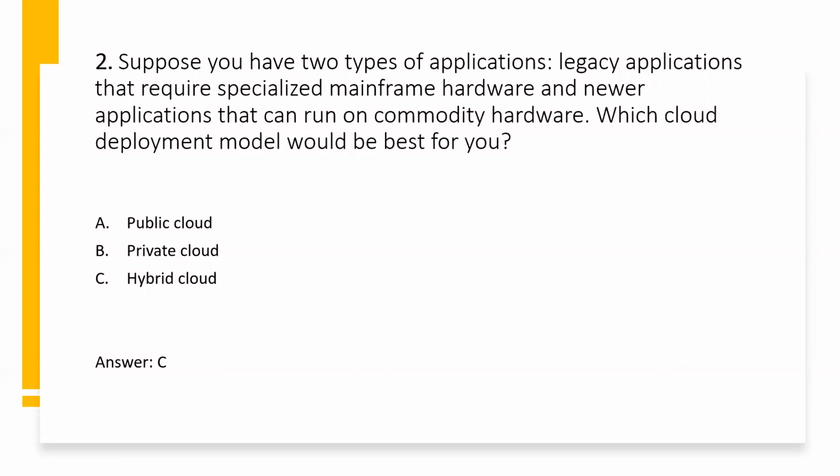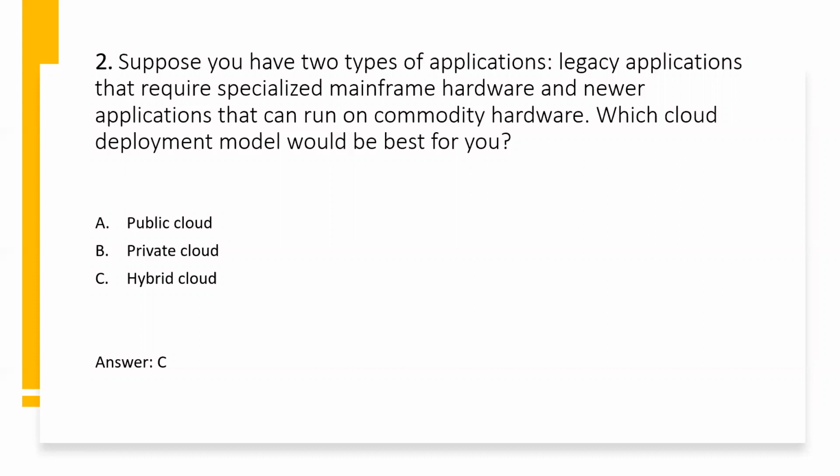But here in the question we see you have two types of applications, legacy applications and newer applications. So you want to keep your legacy application on premises and newer applications in the cloud. So here answer A is not right because when you're using public cloud, you're keeping all your resources in the cloud. Then second one, private cloud.